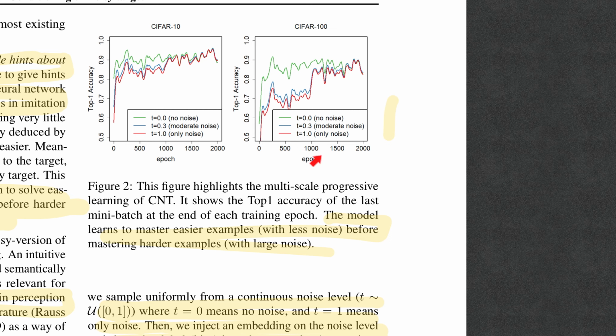As you can see, as you go forward through time, which is the x-axis here, the epochs, the green one goes on top first, which means that the no noise or the forcefully easy examples are learned first, and then you can see that the red and blue ones are going up. So this is an interesting empirical observation as well, shedding light on the ideas and intuitions behind this work.